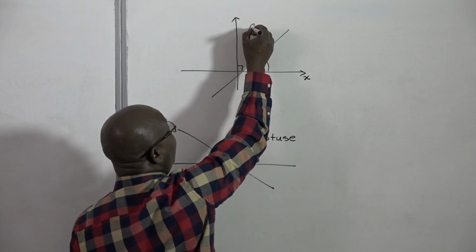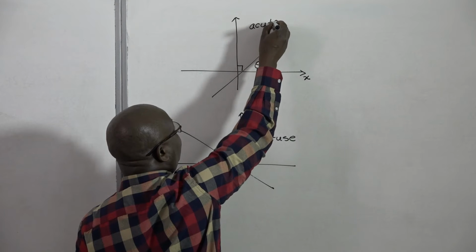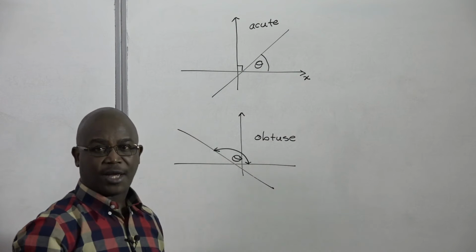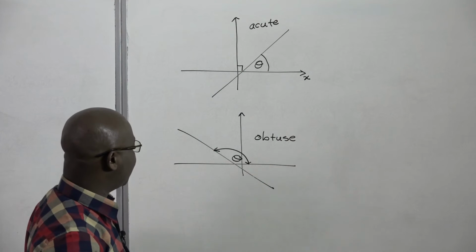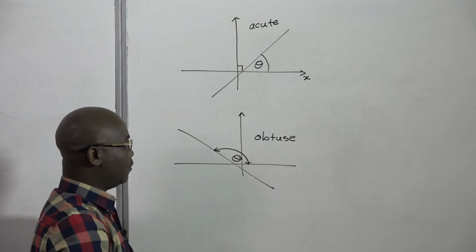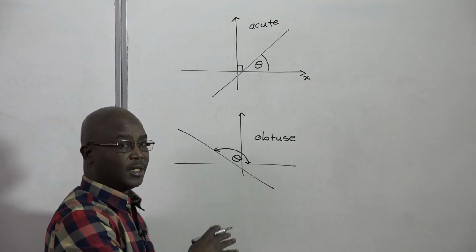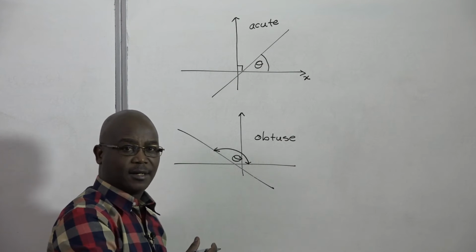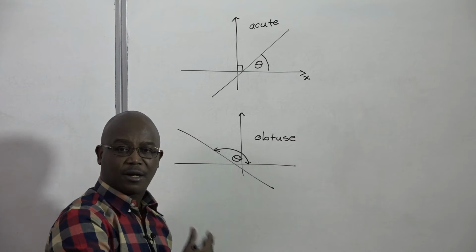This was an acute angle, a small angle, for you to remember that. So that becomes an acute angle and an obtuse angle. And we are going to be determining that theta when we are given some information on the graph.